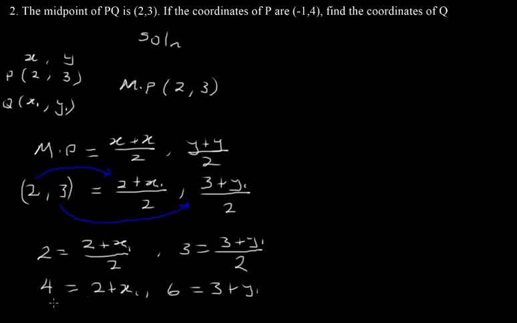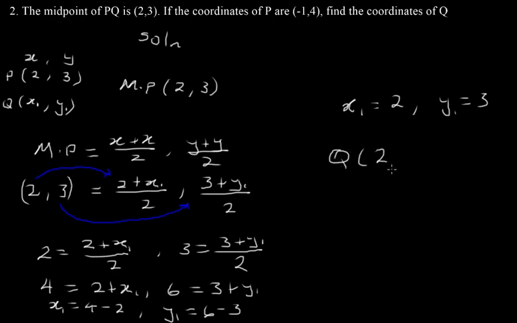We have x1 equals 4 minus 2, comma y1 equals 6 minus 3. Therefore, we get x1 being equal to 2, comma y1 equal to 3. Are we together? So therefore, the coordinates of point Q are 2, 3.